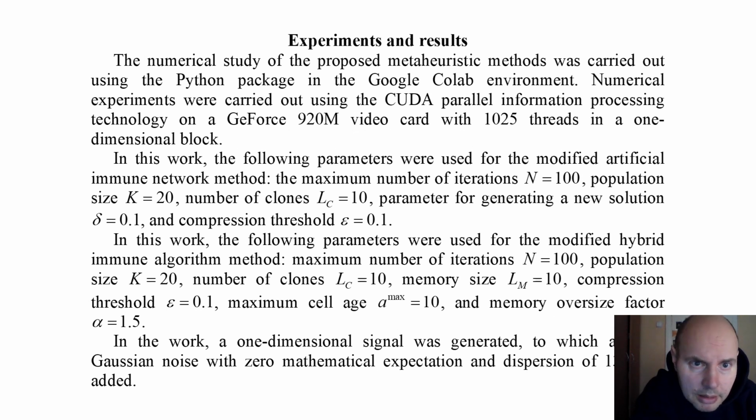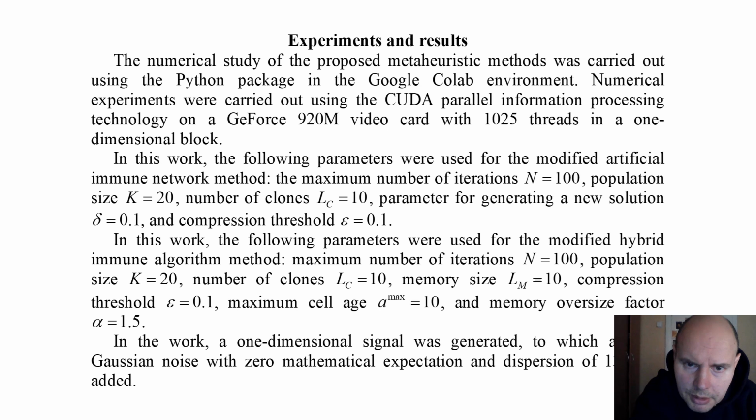Experiments and results. The numerical study of the proposed meta-heuristic methods was carried out using the Python package in the Google Colab environment. Numerical experiments were carried out using the parallel information processing technology of the GeForce video card by 1025 threads in the one-dimensional grid.